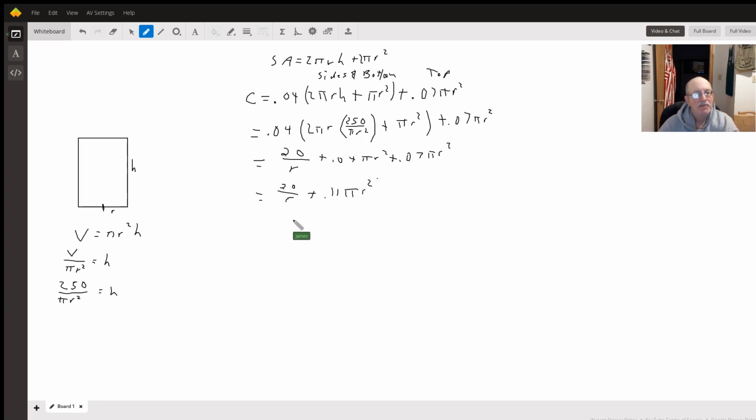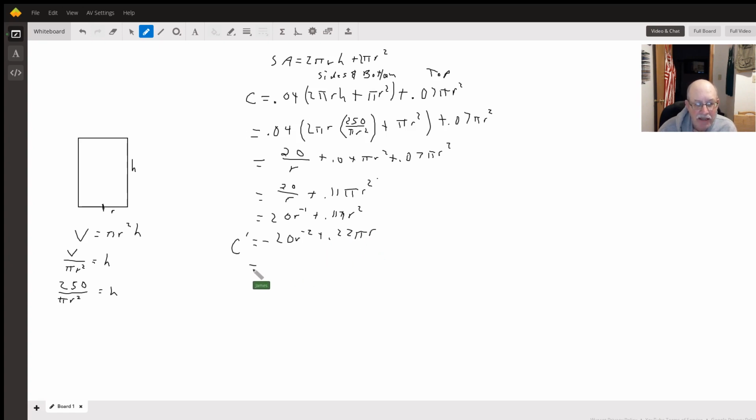So to find the minimum, we need to do the derivative of this. Well, it'll help us if we change this to 20 times r to the -1 power plus 0.11 pi r squared. So the derivative of c is going to equal -20 r to the -2 power plus 0.22 pi r.